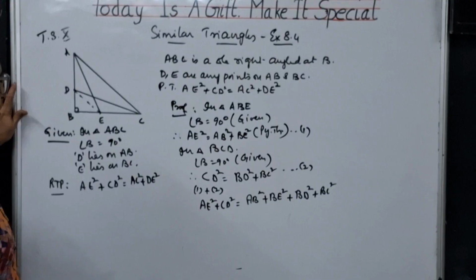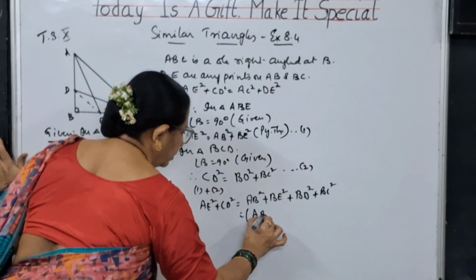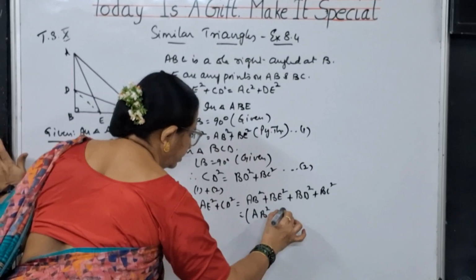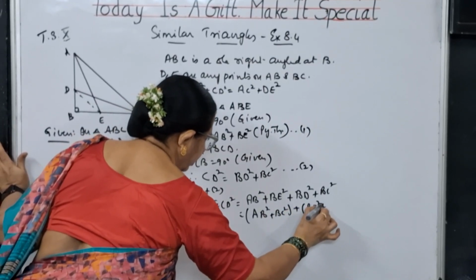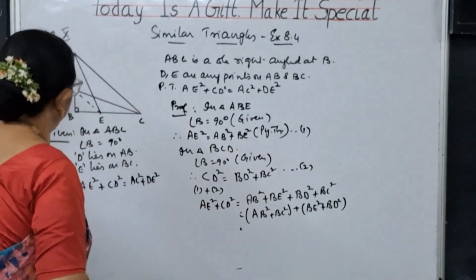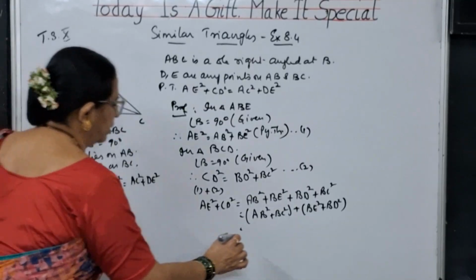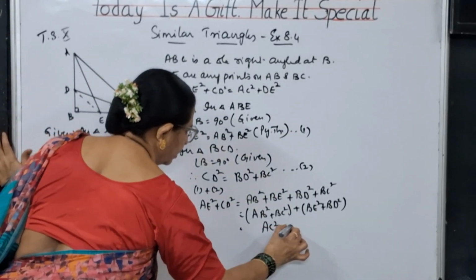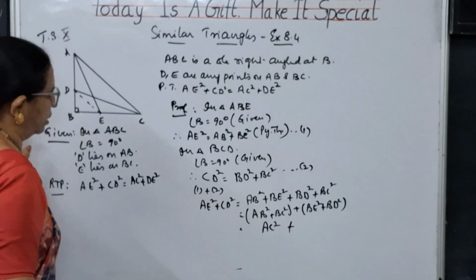Now, let us group it. This is nothing but AB square plus BC square plus BE square plus BD square. I have grouped it like this. So, what is AB square plus BC square is nothing but AC square plus BE square plus BD square is nothing but DE square.